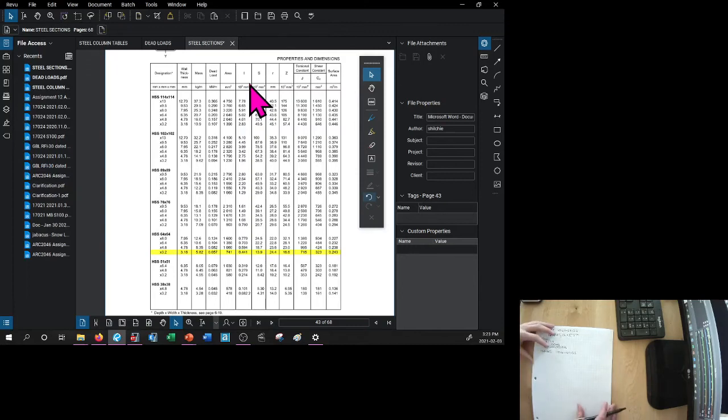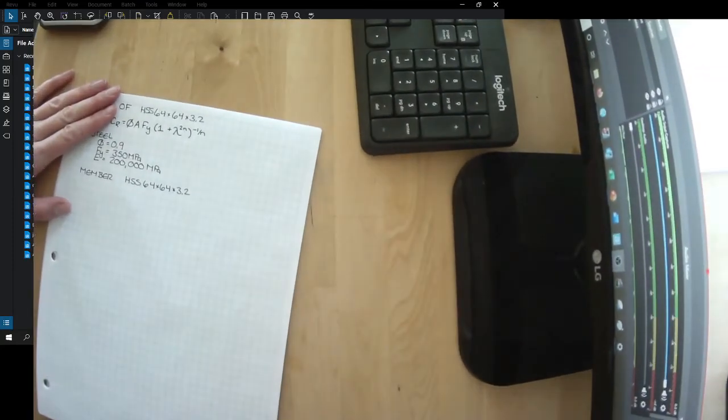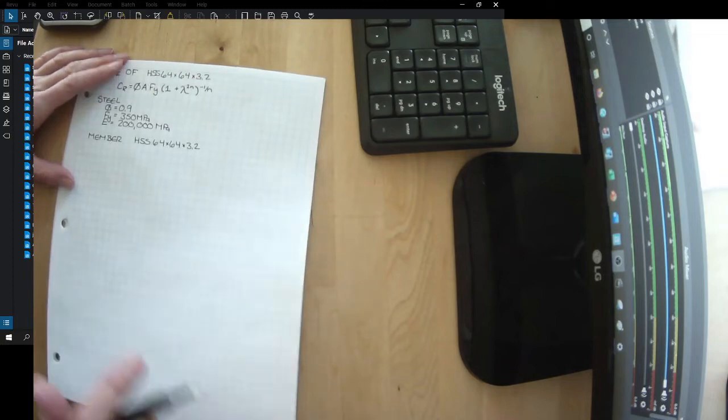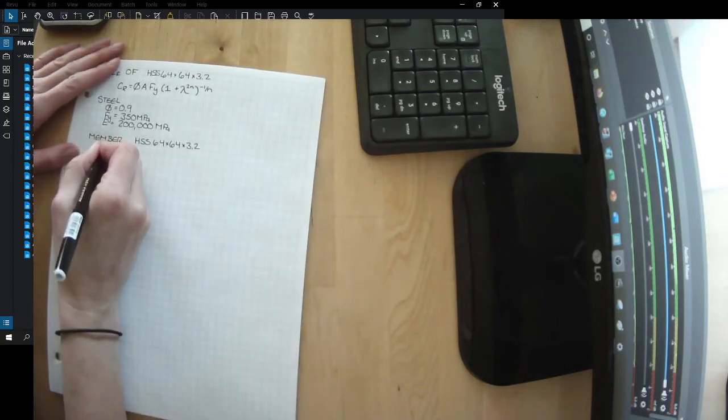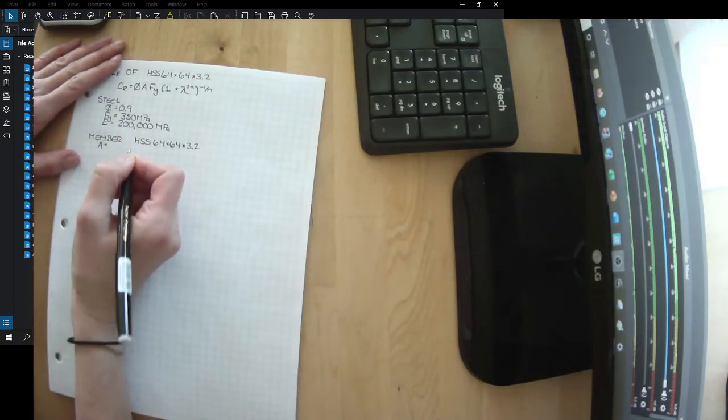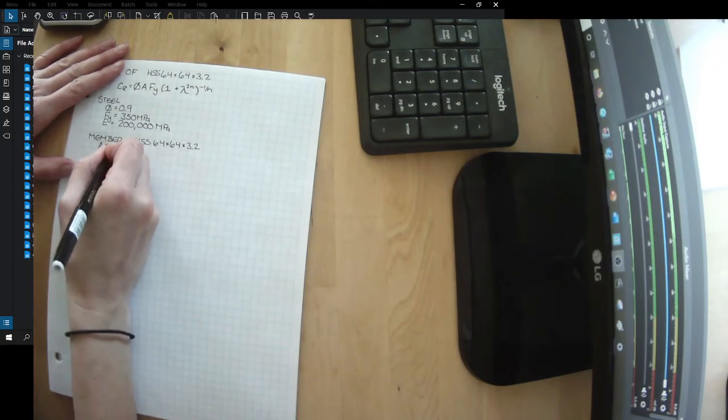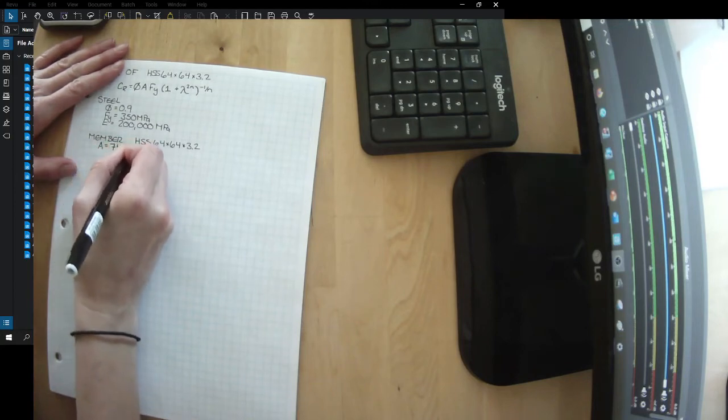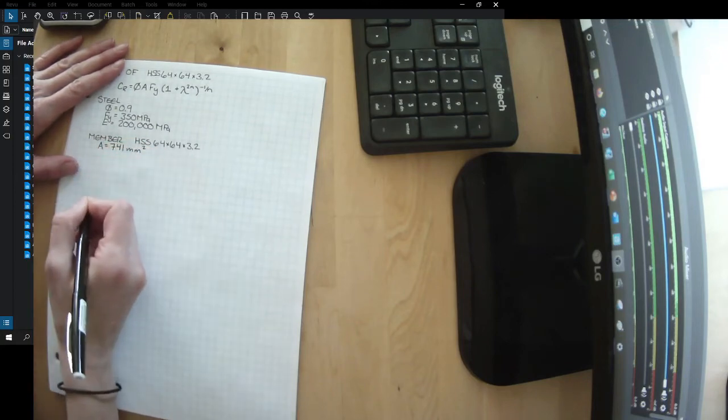Now, you don't always know everything you need to pull out. Don't worry about it. Pull out the things you think you might need. You can come back and look up the rest if you need to. So we looked up that the cross-sectional area of that column was 741 millimeters squared.